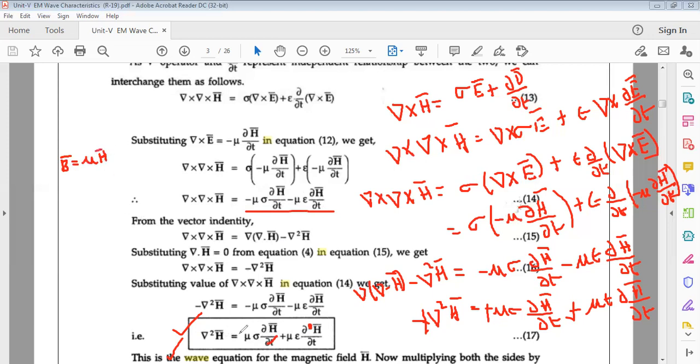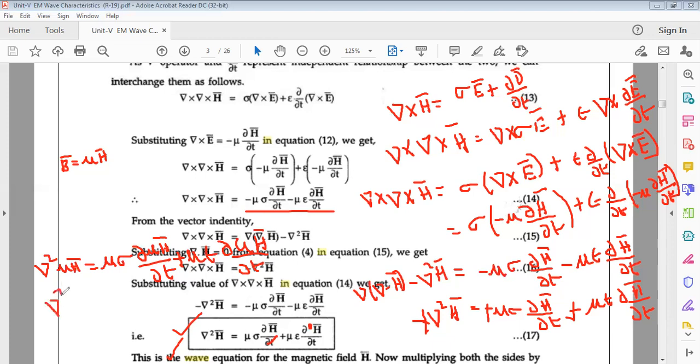So wherever mu H bar is there, you can multiply with mu: del square of mu into H bar is equal to mu sigma into dou mu H bar by dou T plus mu epsilon into dou mu H bar by dou T. So replace wherever mu H bar appears with B bar.